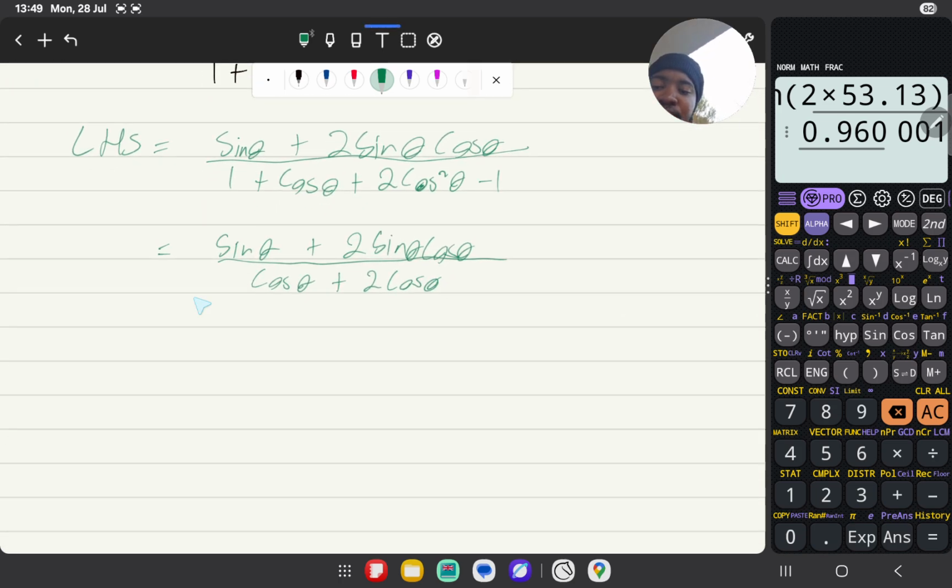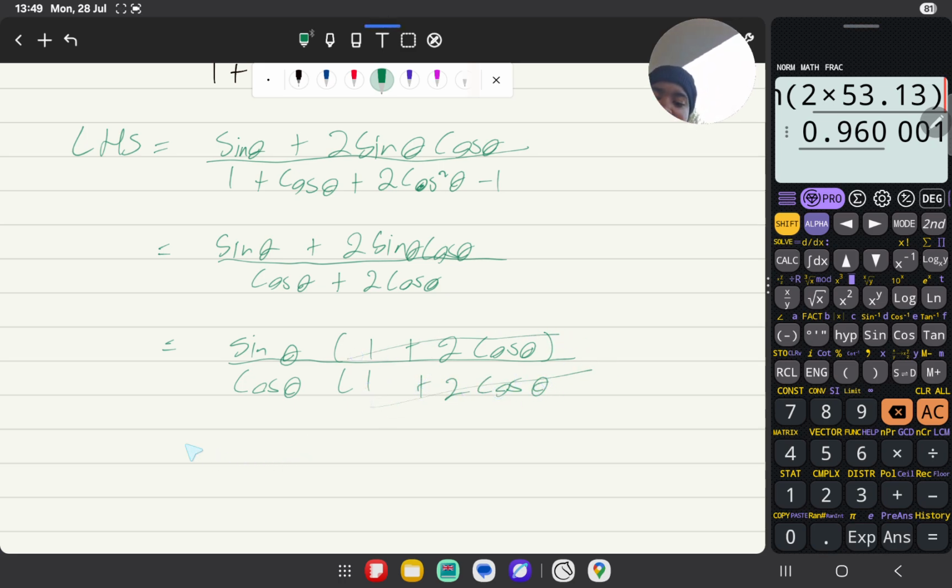Right, cool. So if I then do the math, I can take out sine theta on the numerator. So that means I'm going to have 1 plus 2 cos theta. Then in the denominator I have cos theta times 1 plus 2 cos theta.